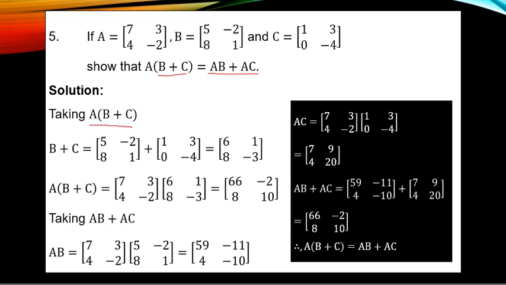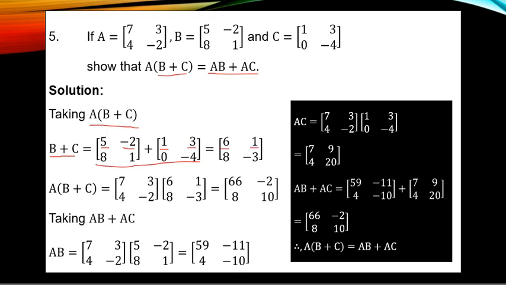In the first part, following the rule of BODMAS, you have to deal with the bracket first, and the bracket is B plus C. That is addition of matrix B and C. So when you are adding the first entry to the first entry, that is 6. Then second entry, minus 2 plus 3, you have 1.